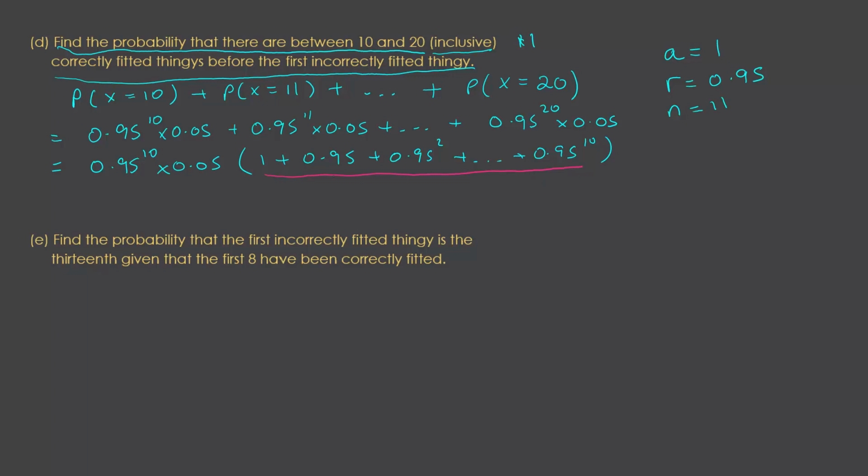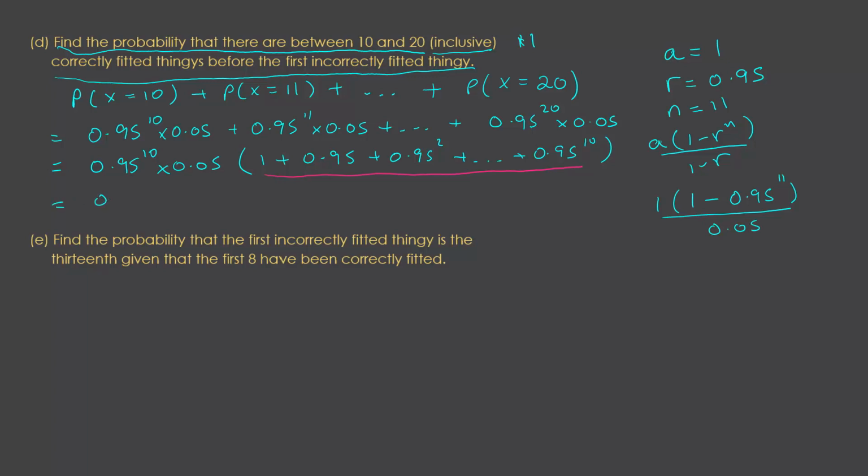So in other words, the stuff I've underlined in pink here can be evaluated using a 1 minus r to the n over 1 minus r, as 1 take away 0.95 to the 11 over 1 take away 0.95, which of course is 0.05.